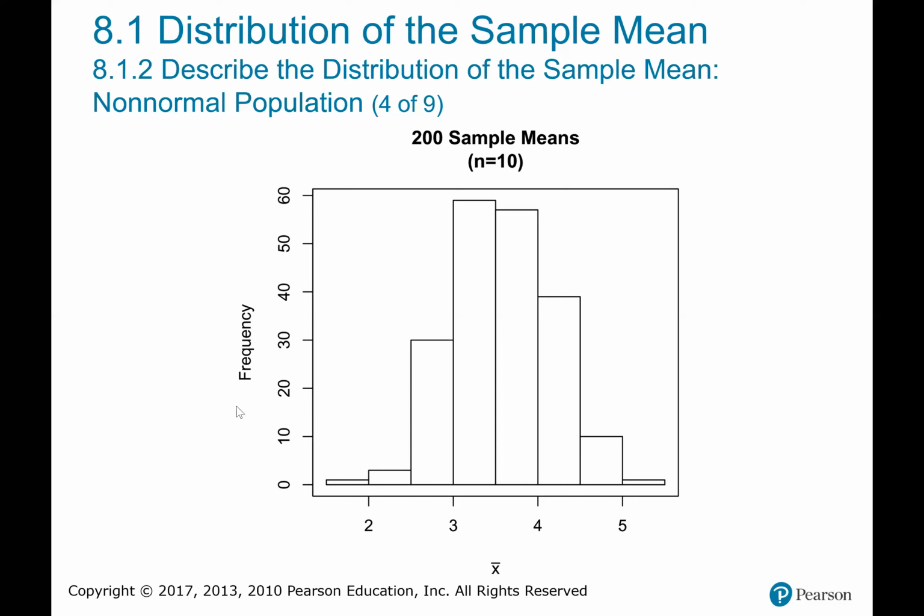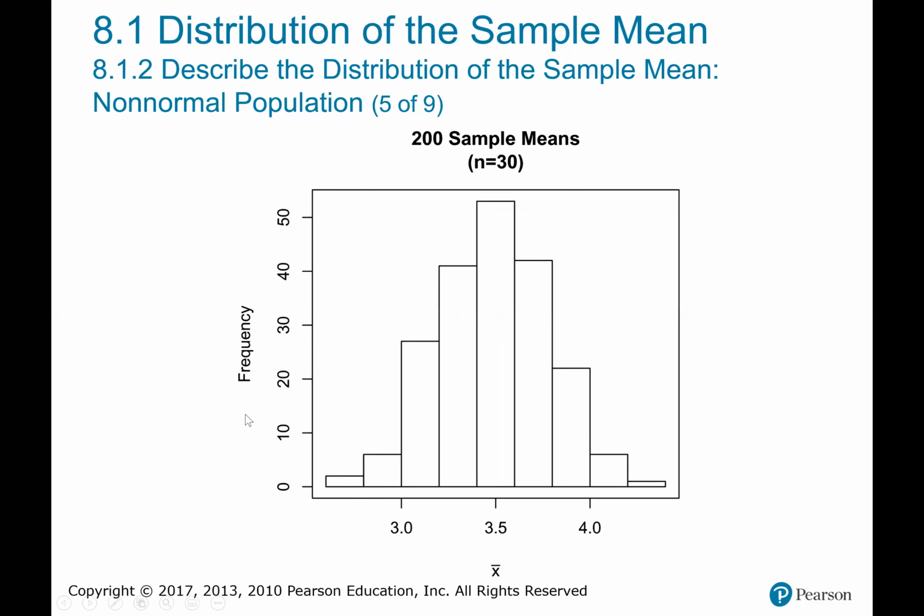Now see what happened when we increase it to n equal 30. Do you guys notice? Now this is approximately normal. You see that if I take it in half, one half is the mirror of the other one, approximately. So you see that now this is approximately normal.